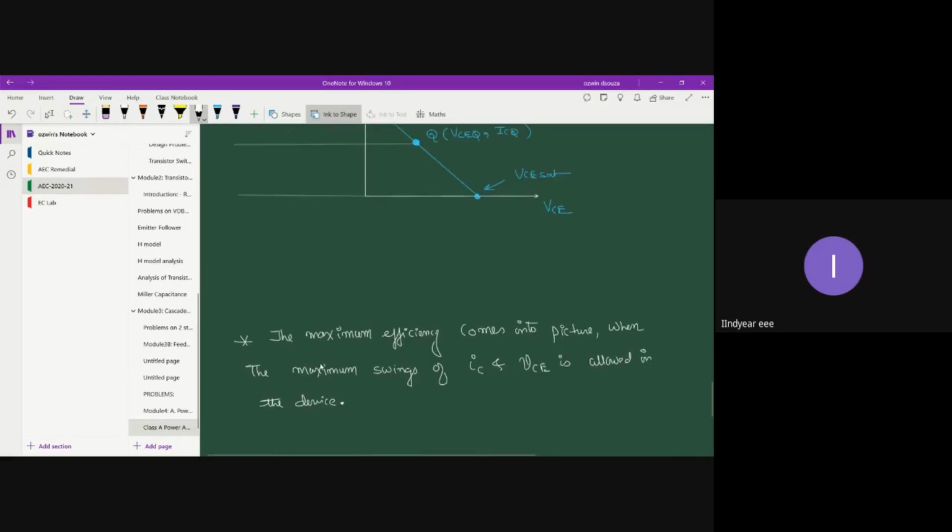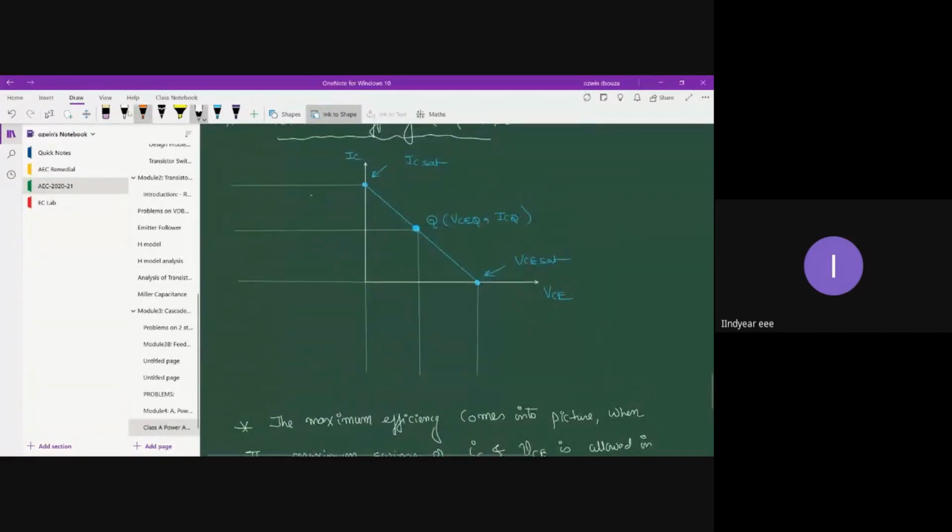This is for the collector current swing. Similarly, let's do it for the voltage swing. Draw a point from here, and then from the Q point. These are all the guidelines for us to draw the maximum collector swing and maximum voltage swing. Now that we have drawn the reference lines, you can draw the signals. So this is the maximum collector current signal that can flow.